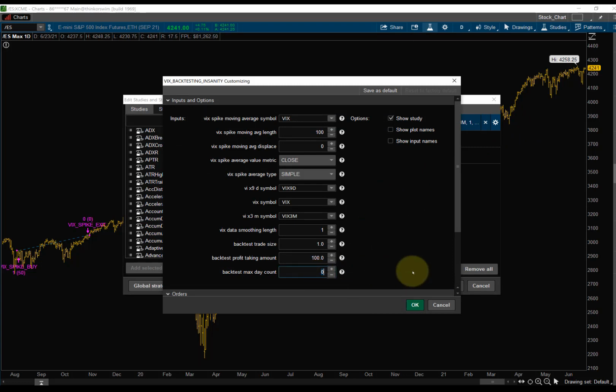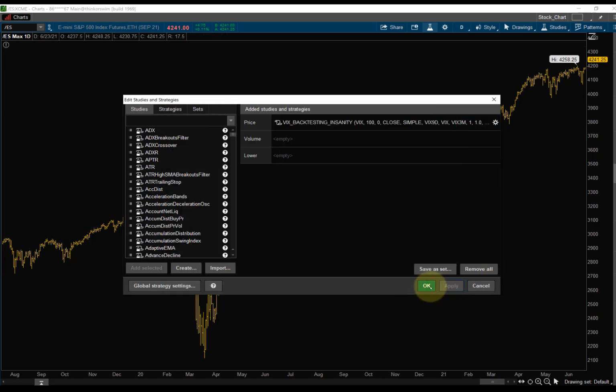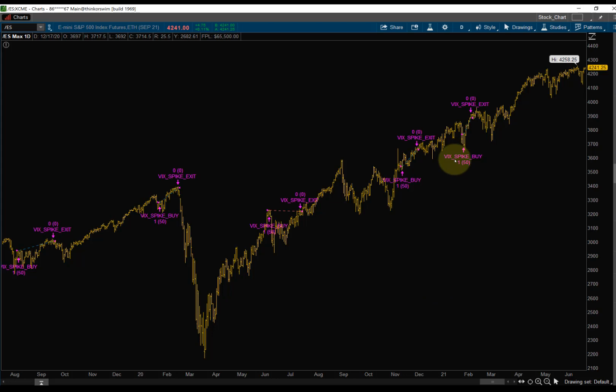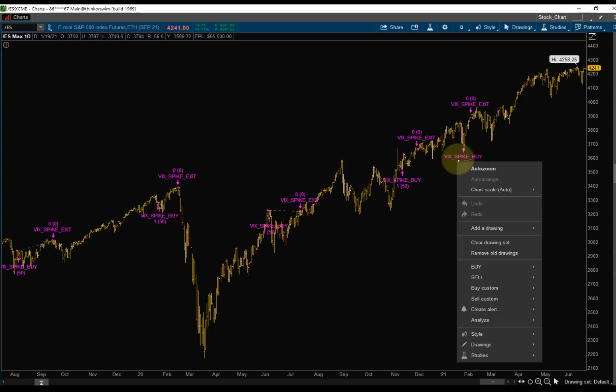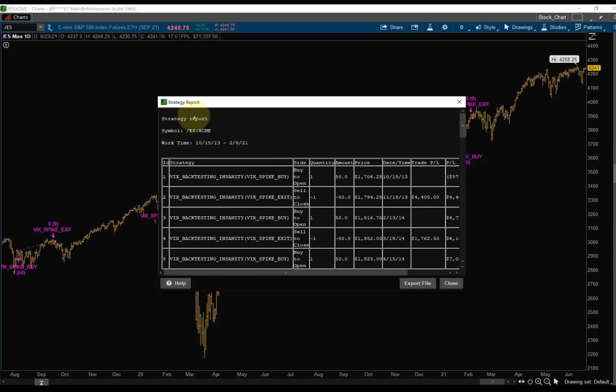So if we use a stop, we can use 20 days, 30 days, 50 days. I encourage you, for those who have the VIX trading system and the backtester, to sample, see what works for you. I like to use 21 days. 21, apply, okay. Right click, show report.